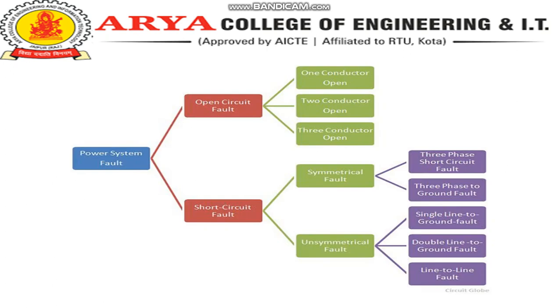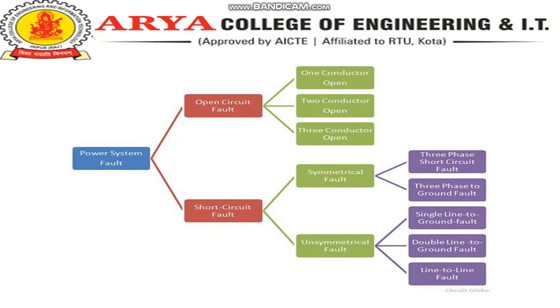Now in this slide we discuss the classification of power system faults. First, the power system fault is classified into two types: open circuit fault and short circuit fault. Open circuit faults can be classified into three types: one conductor open, two conductor open, and three conductor open.